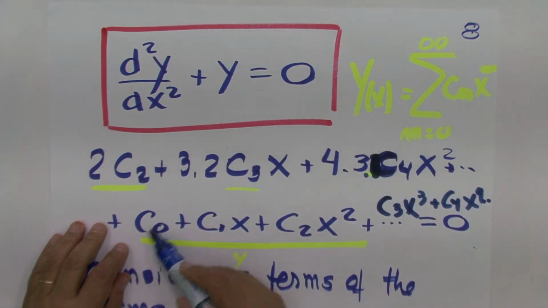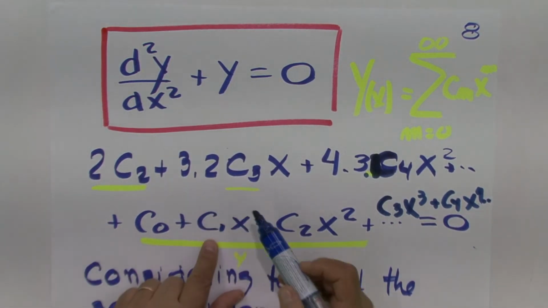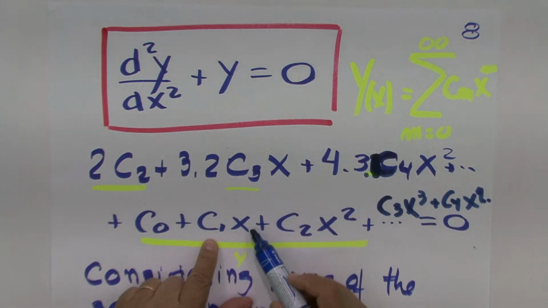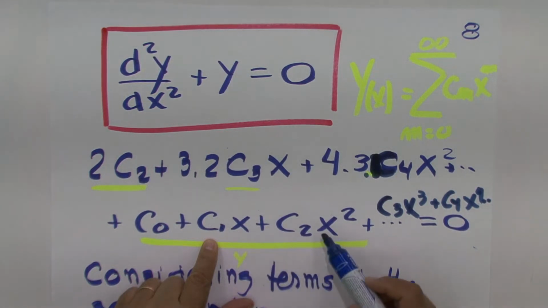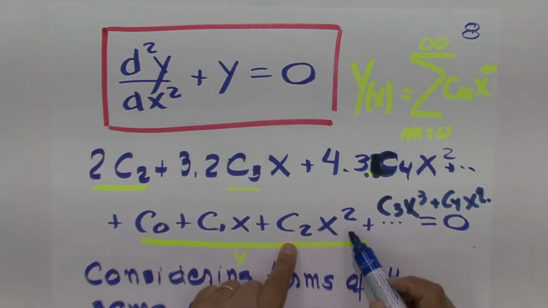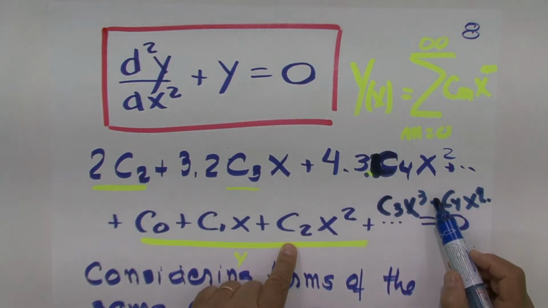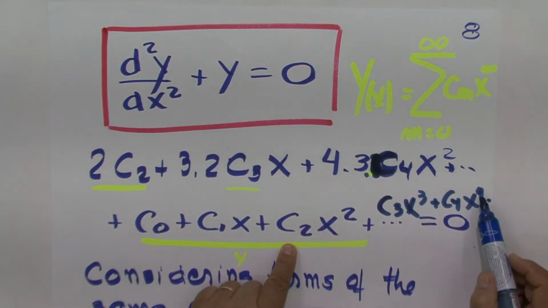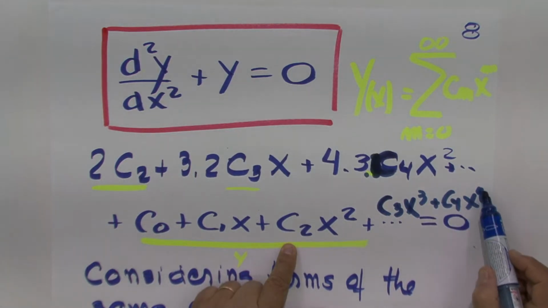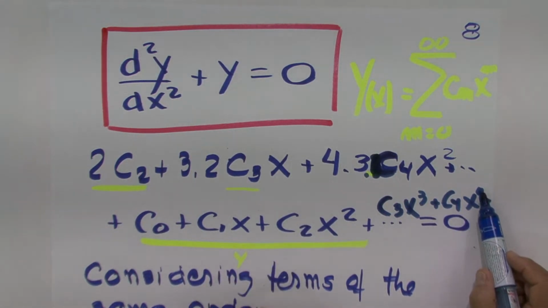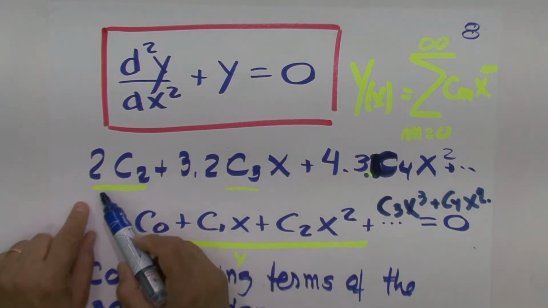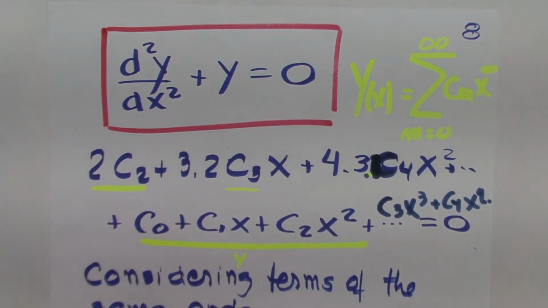The first derivative, this term disappears, and I get c1, and then I get 2c2x, and then I get 3c3x squared, and then I get 4c4x to the cubic.